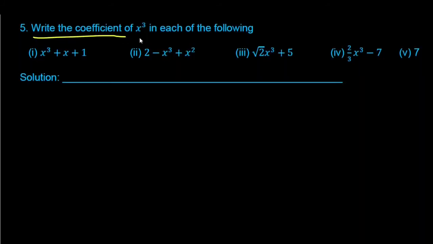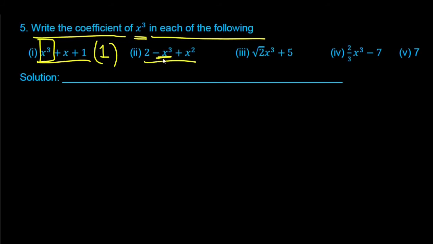Write the coefficient of x power 3 in each of the following. Here we have the x cube term. The coefficient is 1. Here we have the x cube term with a minus sign given, so we take minus 1 as the coefficient.